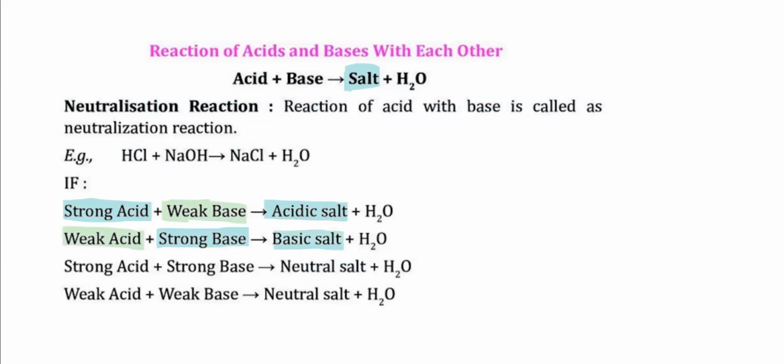And if both of them are either weak or both are strong, in that case the salt will be neutral. So this is the general reaction involved whenever an acid reacts with a base.